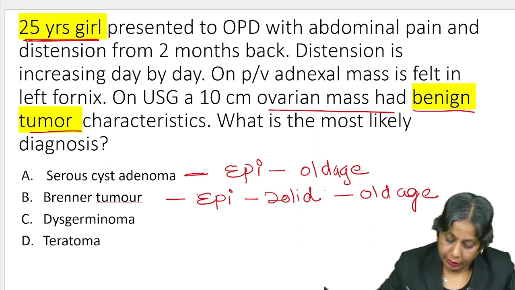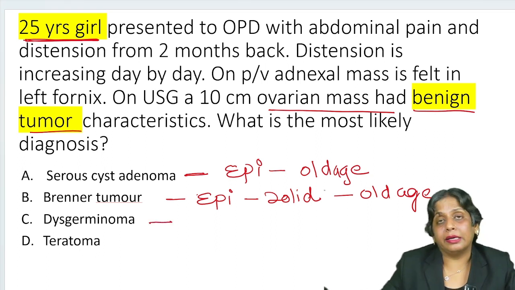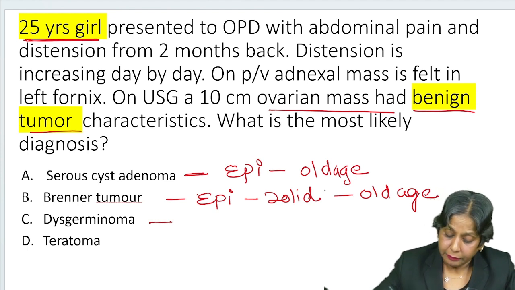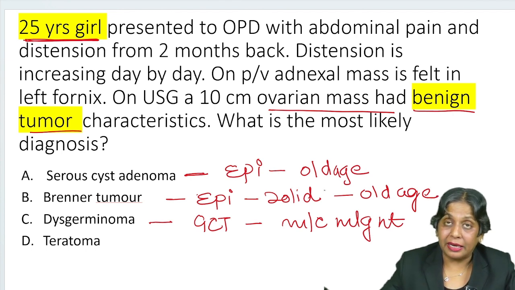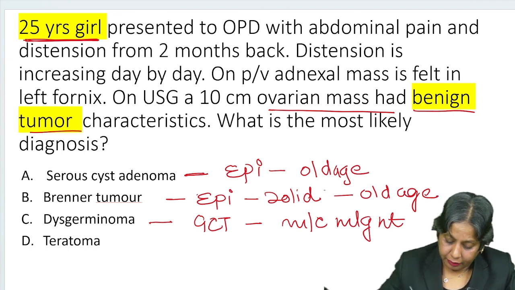Dysgerminoma, yes, it is a germ cell tumor. It can be found in young age, but it is the most common malignant germ cell tumor. Since here they have asked about a benign tumor, the answer will be teratoma. So the answer is teratoma.